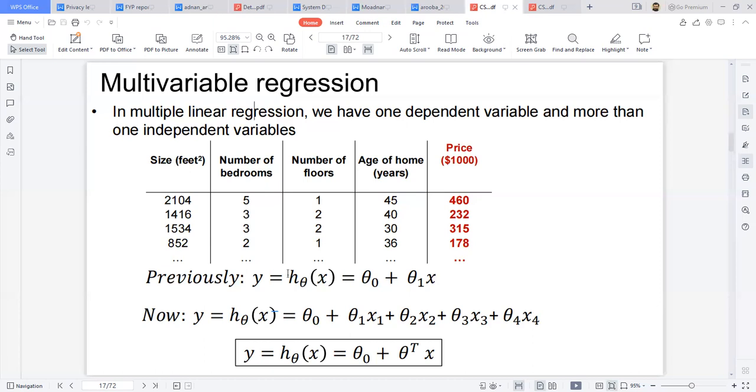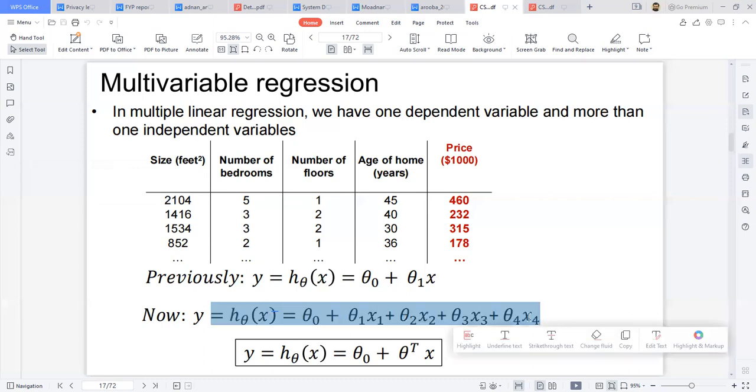It can be one, two, three, four, any number. Previously this value depended on only one variable, but now y depends on all these four variables. So x may have more than one variable, right? Yeah.